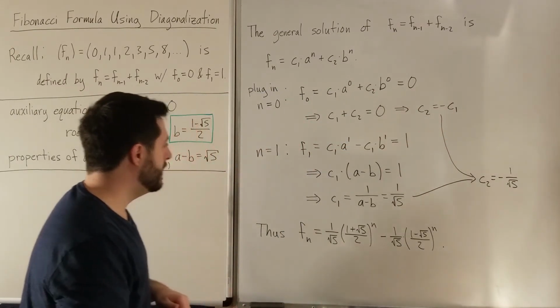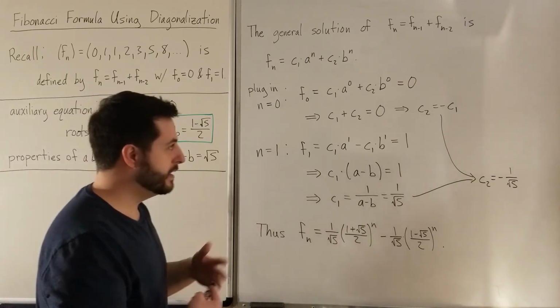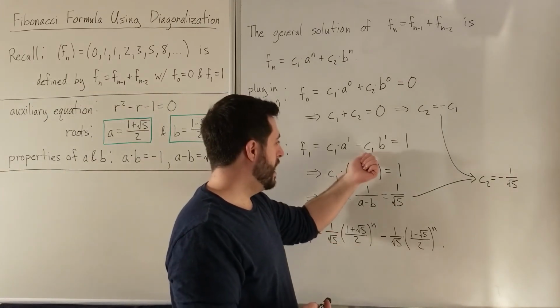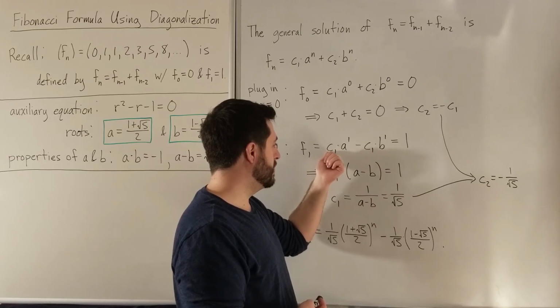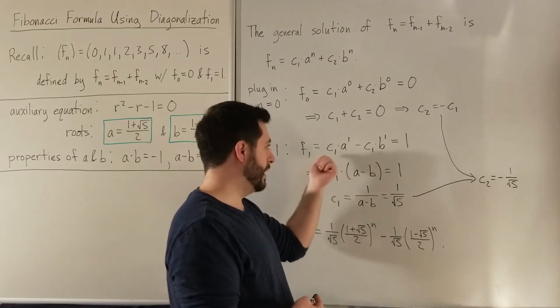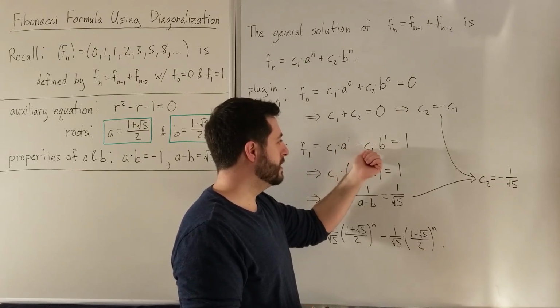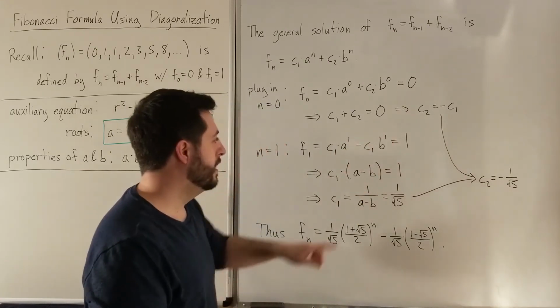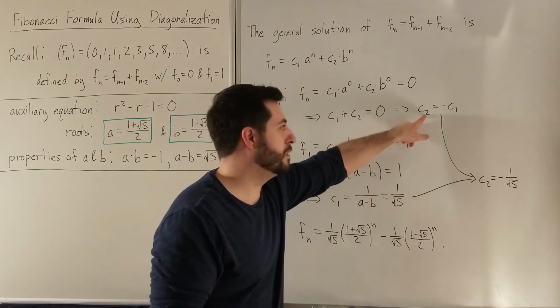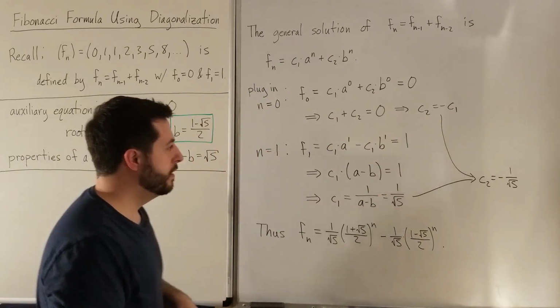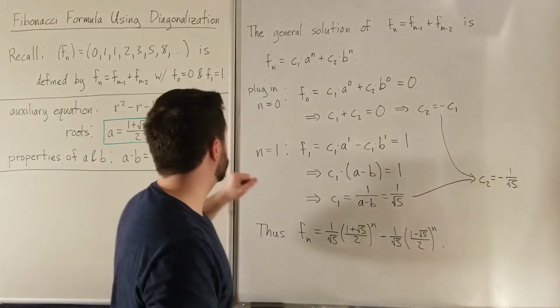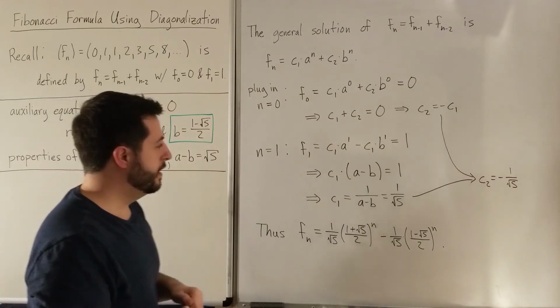Okay, I'm now going to take that knowledge that c2 is equal to negative c1, and when I plug in n equals 1, f1 equals c1 a to the 1 minus c1 b to the 1. Saying minus c1 is the same thing as saying plus c2. Okay, and I'm setting that equal to 1 because f sub 1 is 1.